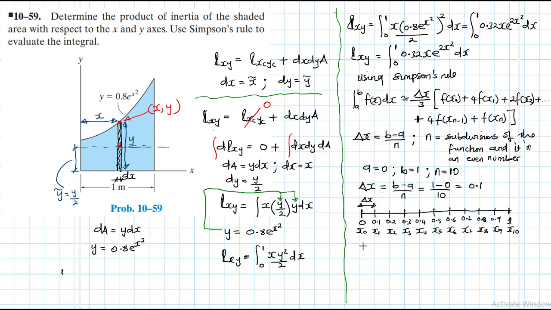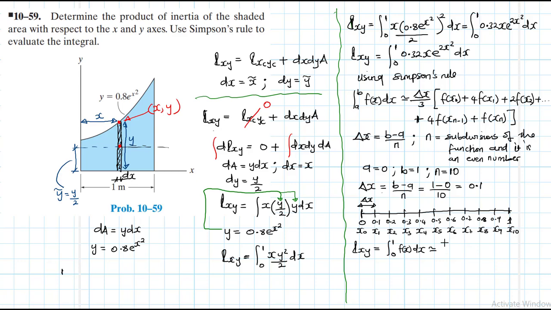Your function we said is equal to the integral itself. We have moment of inertia Ix, which is equal to the integral from 0 to 1 of 0.32, let me just write the function there, I'll write it later on, the function of x dx, which is approximately equal to.